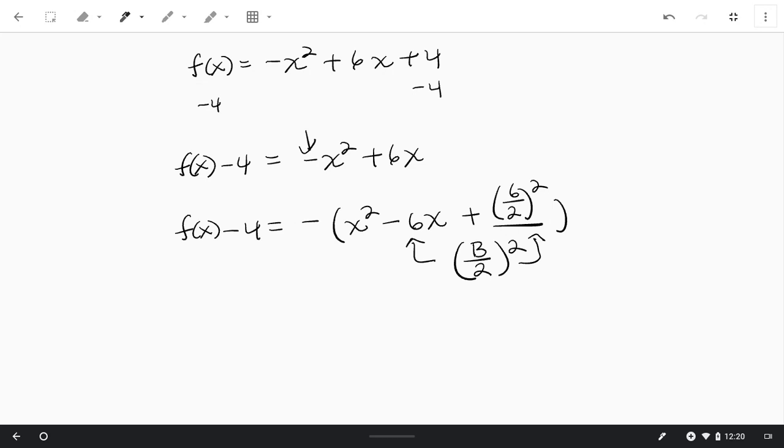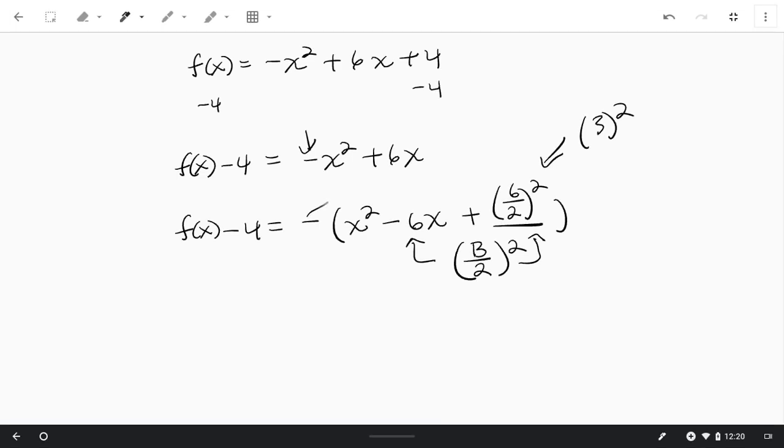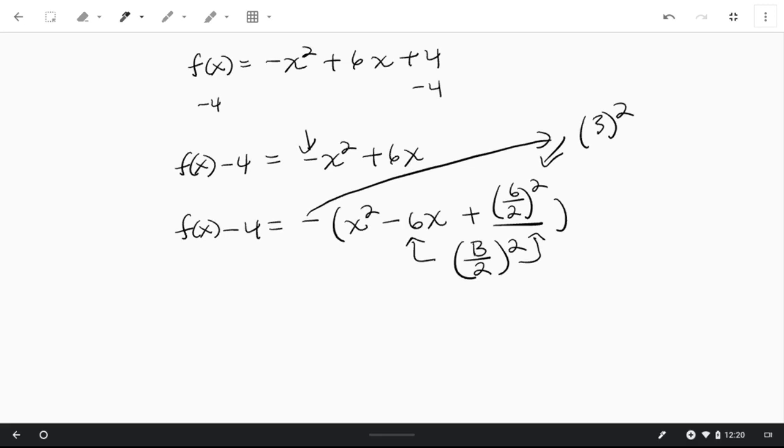So over here, this is 3 squared. But we actually have minus, because that negative is going to be distributed. So this is actually negative 3 squared on that side.